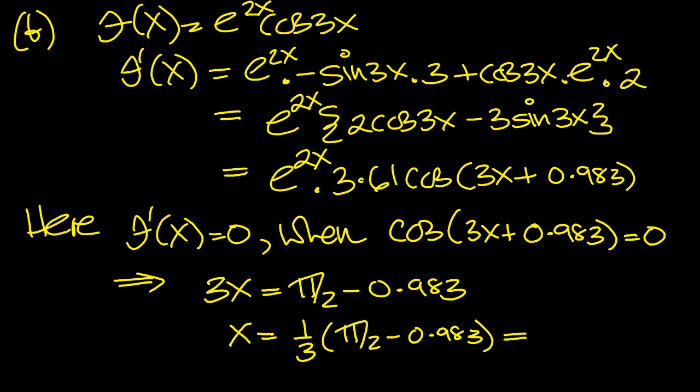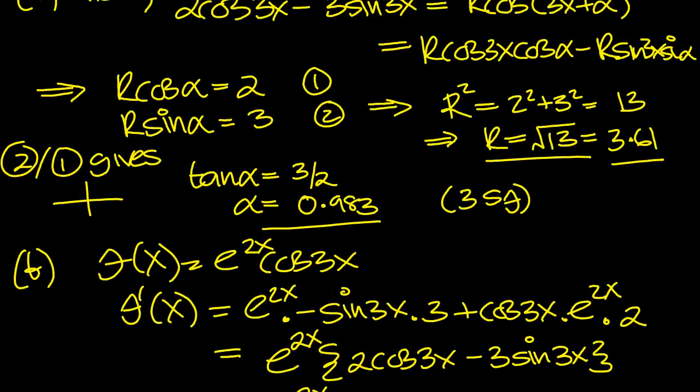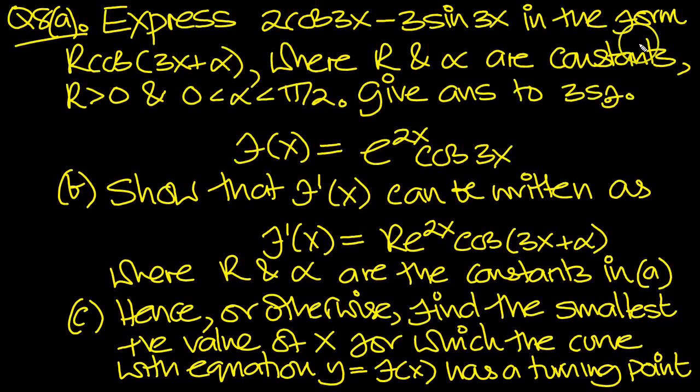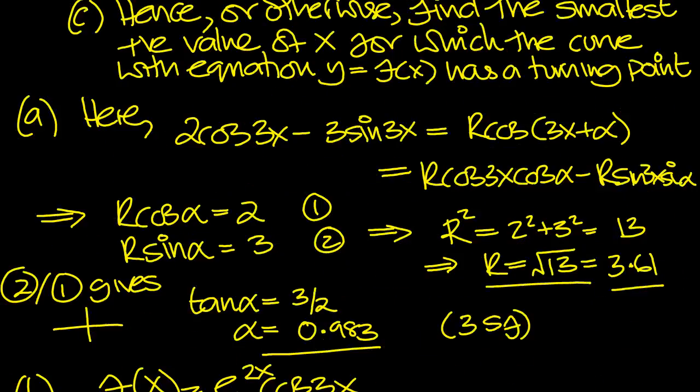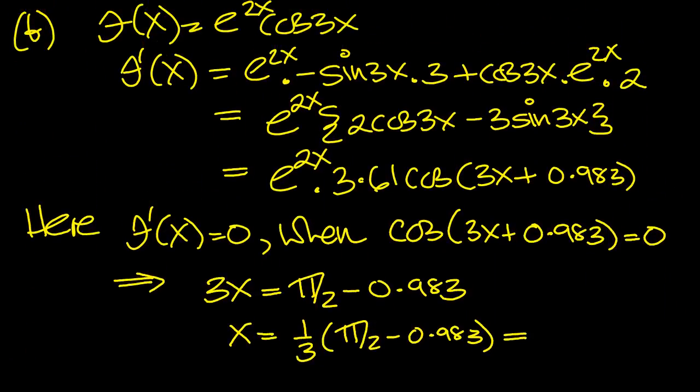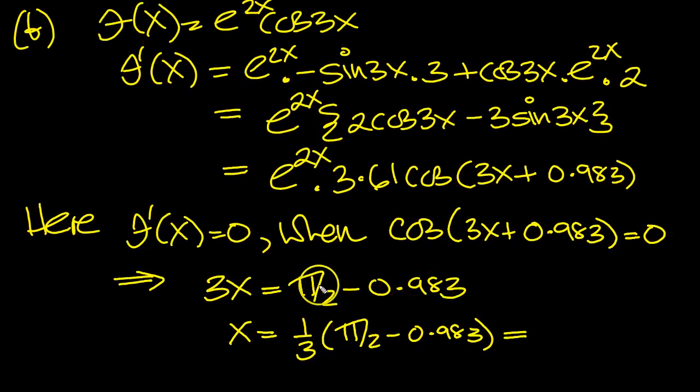Let me just check the domain of x we're talking about, which is the smallest positive value. The reason I thought it was pi over 2 is that it's about 1.6, which is bigger than the 0.983, so it will give the first positive value. Let's tap it into the calculator.